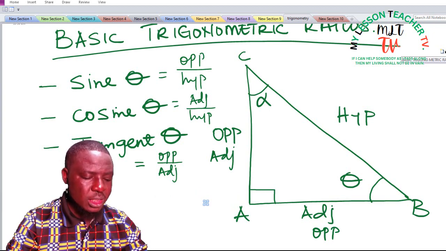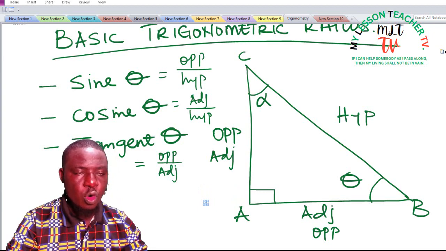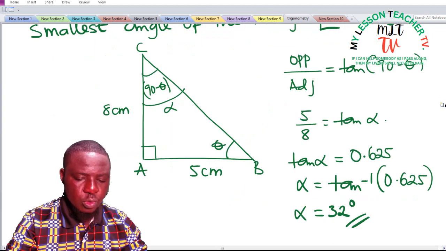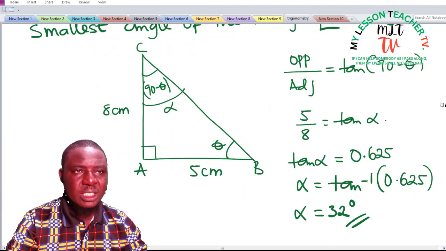We also looked at the cosine theta, which we said is a ratio of the adjacent side to the hypotenuse side of a right angle triangle, as well as the tangent of an angle, which is the ratio of the opposite side to the adjacent side of a right angle triangle. We also solved many examples using the trig tables to get the values of sine theta, cos theta, and tan theta, where I explained how to make use of the trig tables.